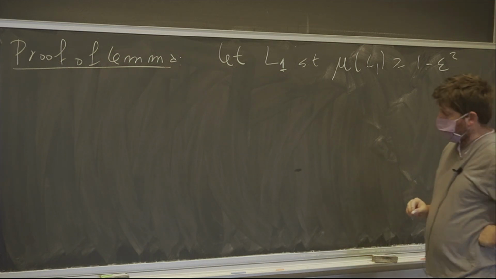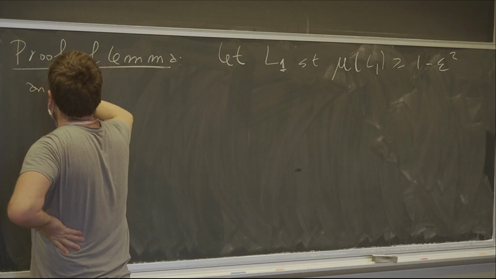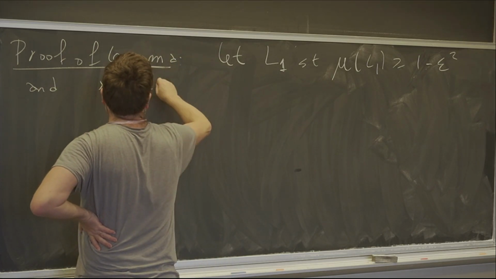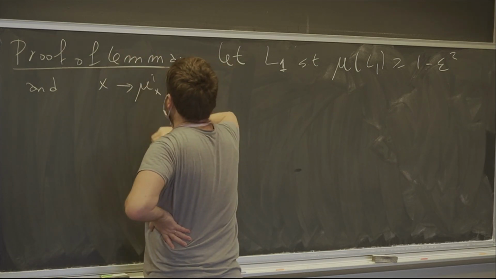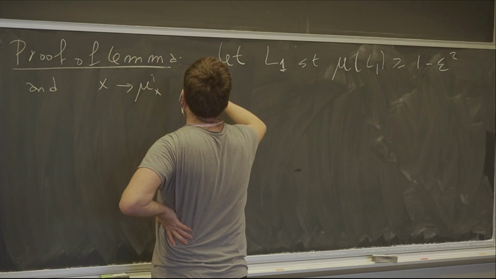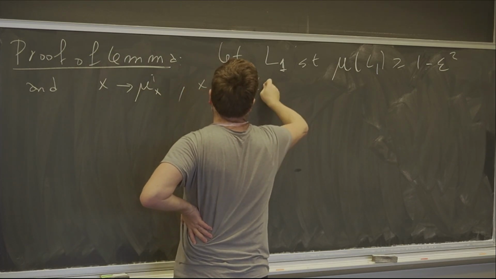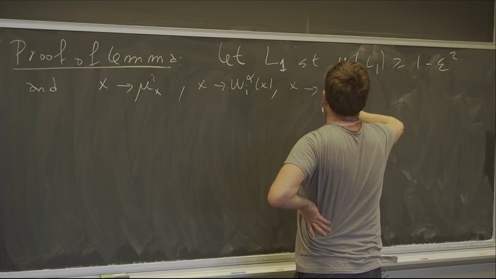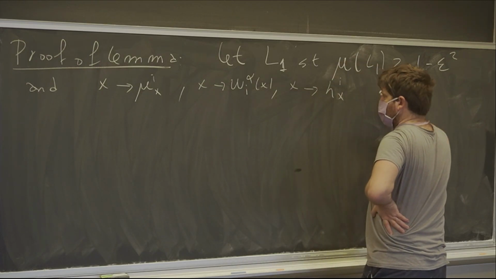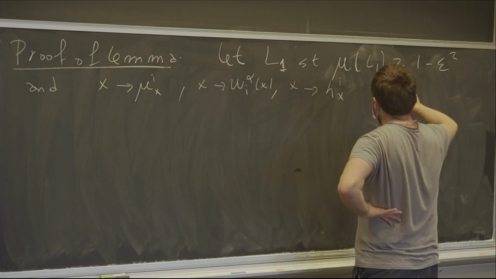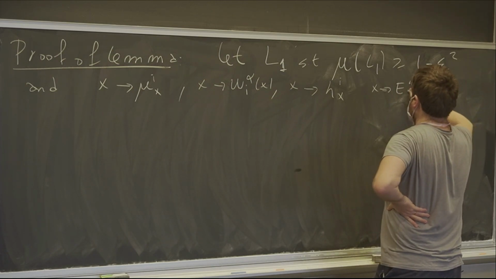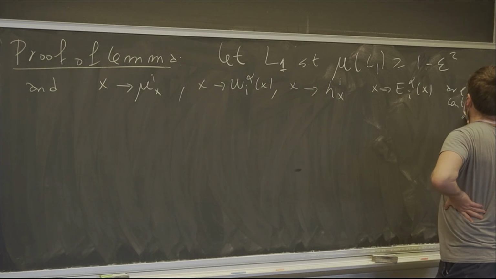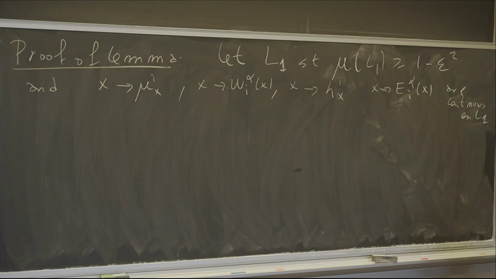And x into mu xi, x into WI alpha x, into hi x, and I guess, well, this is included here, but let me just put it. All these guys are continuous on L1.